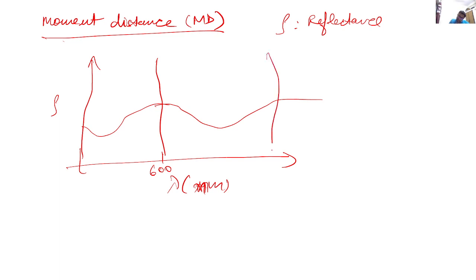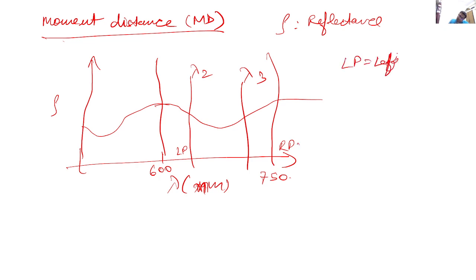The other extreme may be, let us say, 750 nanometer. Take two points in between, lambda 2, lambda 3. This may be the left pivot and this may be the right pivot. LP is left pivot. We choose two different pivot points in this procedure, and this is the right pivot.